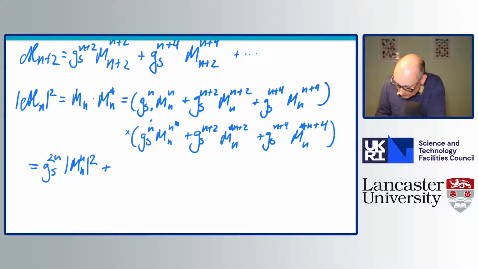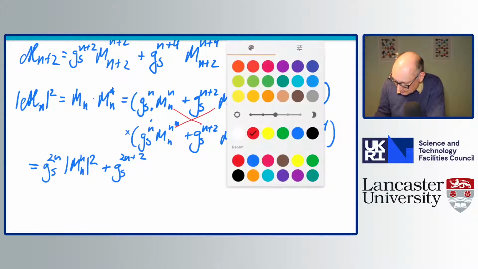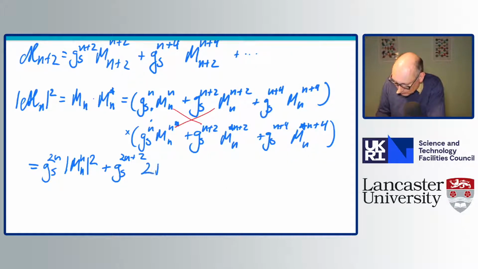Now the next coefficient we'll get is at g_s^(2n+2). And that will arise from that piece and that piece. So what we get here is twice the real part of M_n^n times M_n^(n+2) complex conjugated.